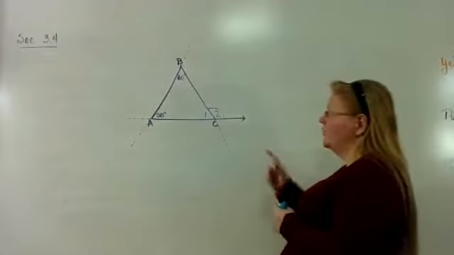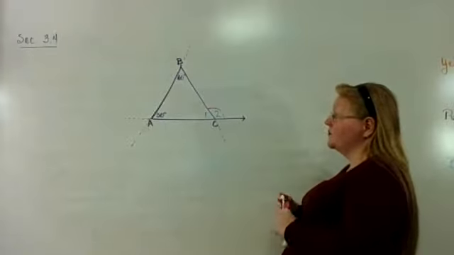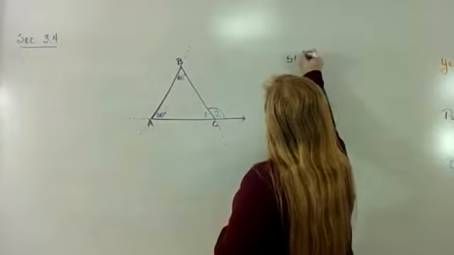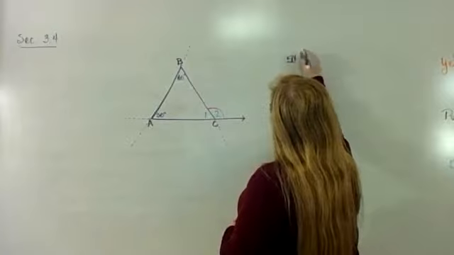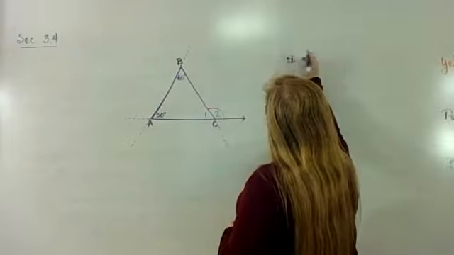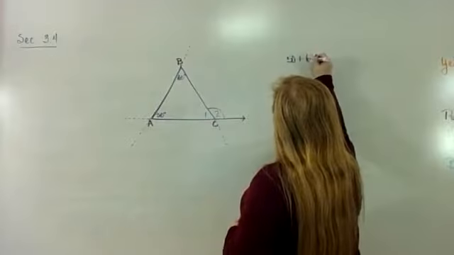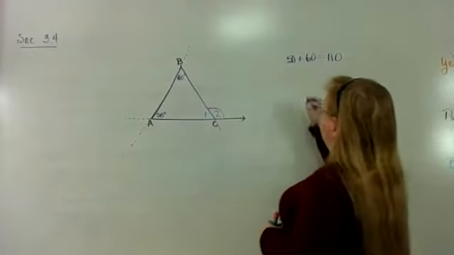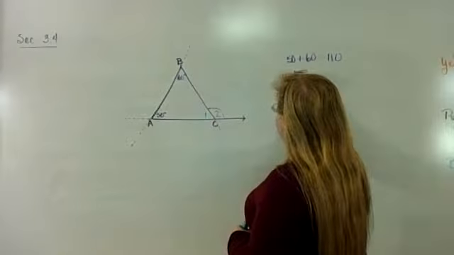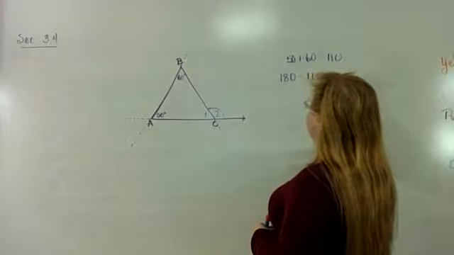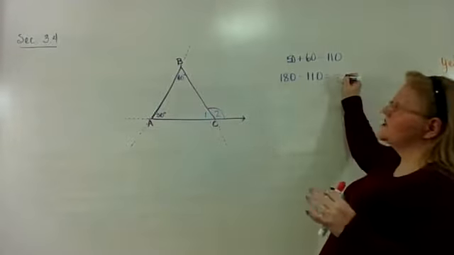But we could figure out what angle 1 is by doing some simple calculations, because we know that 50 plus 60 equals 110. And since they all have to add up to 180, 180 minus 110 is 70.